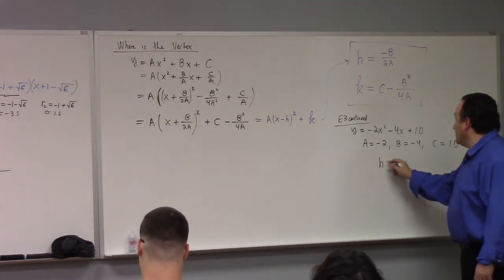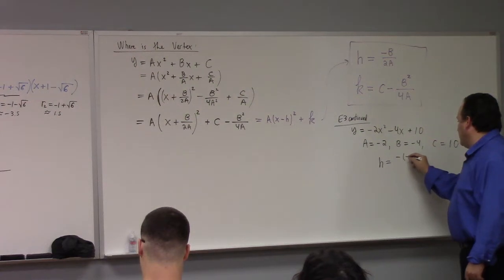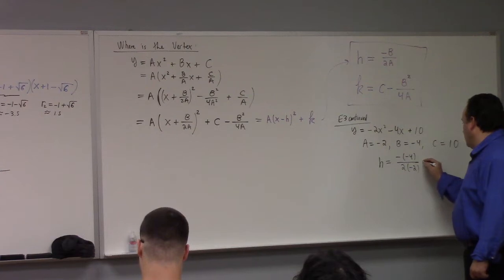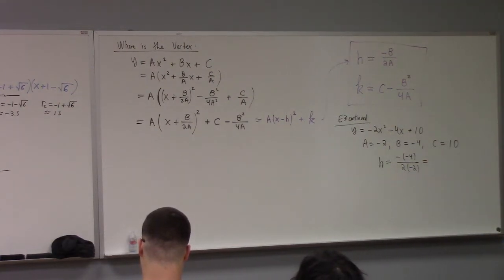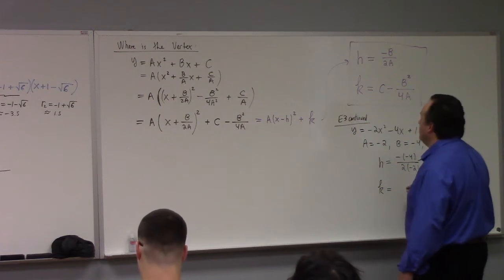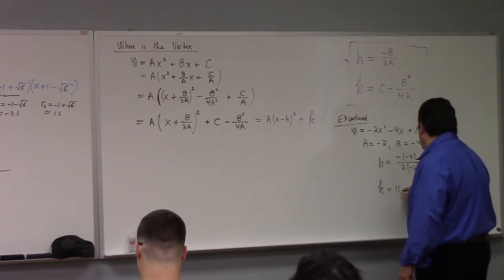Here we go. h equals minus (minus 4) divided by 2 times (minus 2). And that gives us 4 over minus 4, also known as minus 1. Is that what h was? Okay, good. If it didn't work out to minus 1, I'd be in trouble. But math is like that sometimes, right?